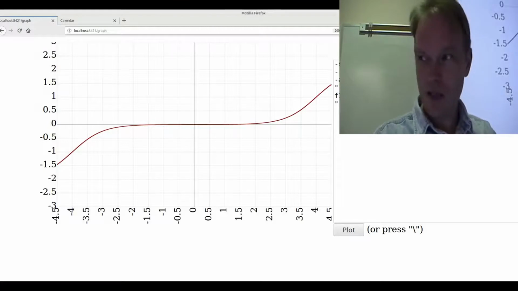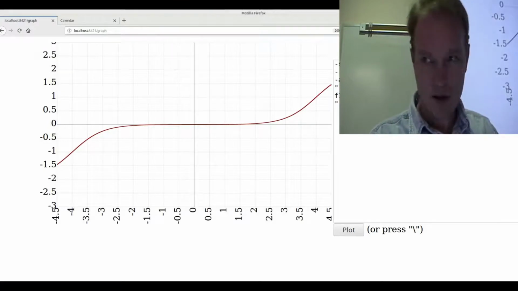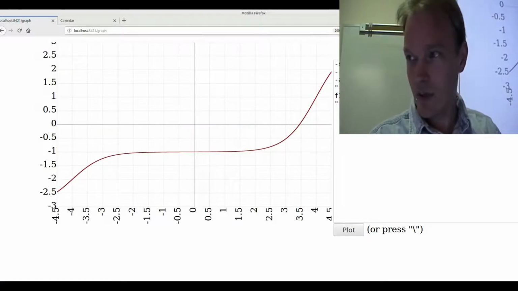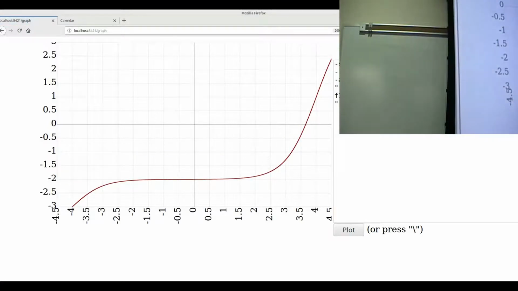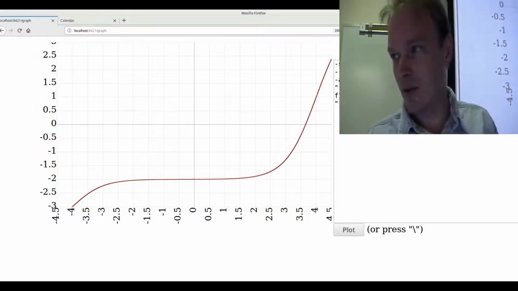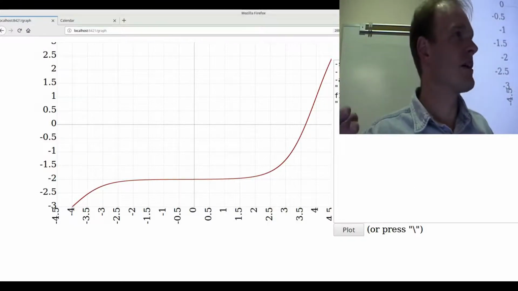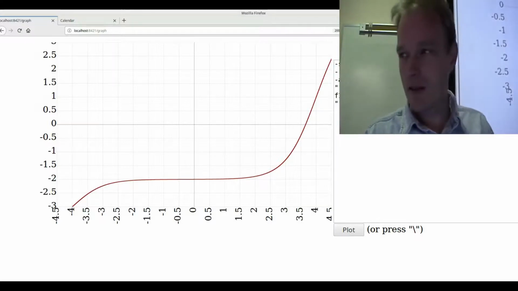Like that tanh could become a 2 tanh. And that 2 could become a 3 tanh. And I could make this tanh stretch as far as I want by simply adjusting that scalar, that factor that multiplies it, right?